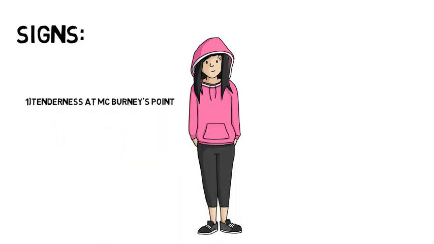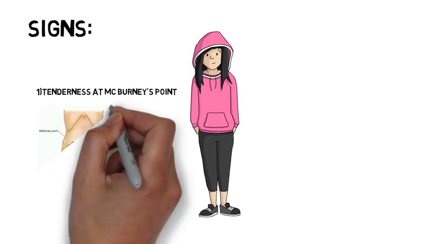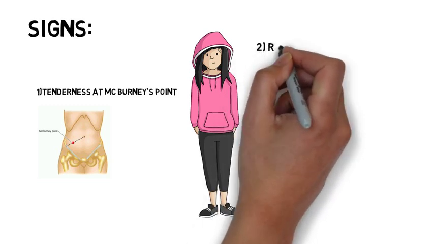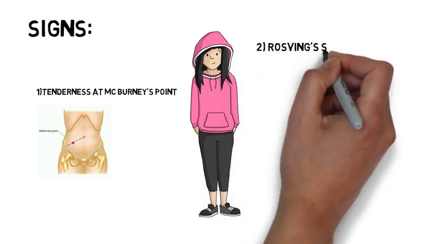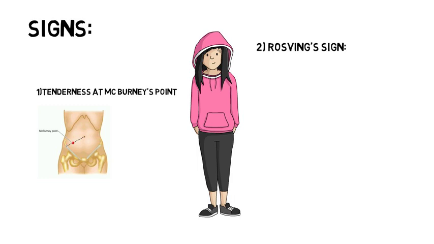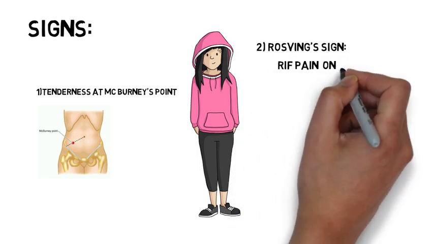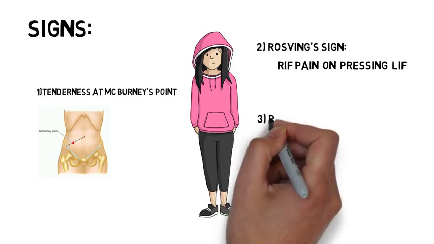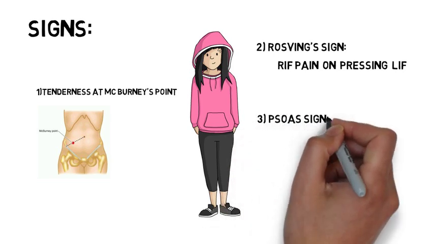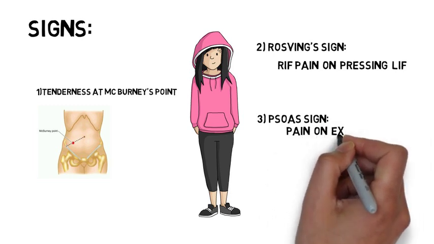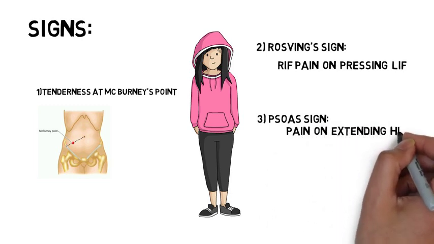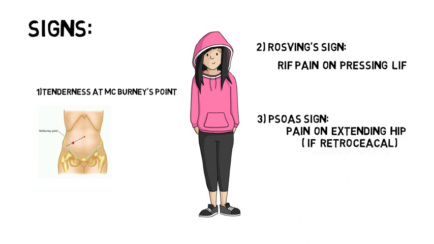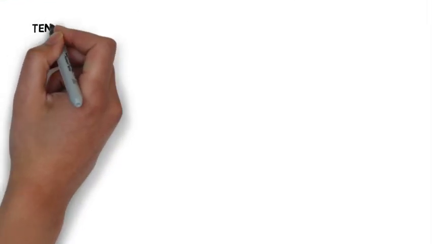McBurney point is the point between the anterior superior iliac spine and the umbilicus. And Rovsing sign is that when the left iliac fossa is pressed, pain is felt in the right iliac fossa. And the third one is psoas sign, there is pain on extending the hip if the appendix lies retrocecally.